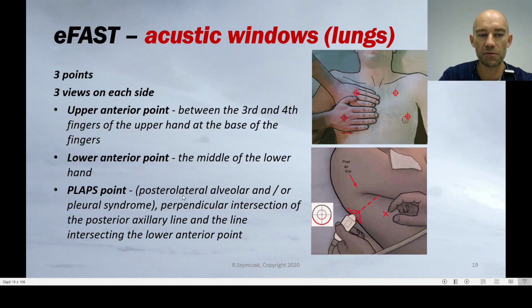And then we've got the PLAPS point, which is in the posterior axillary line, in the place where the perpendicular intersection of the posterior axillary line and the line intersecting the lower anterior point come together. So I would say in the posterior axillary line at the level of the fifth intercostal space, something like that. So those are 3 points on each side.